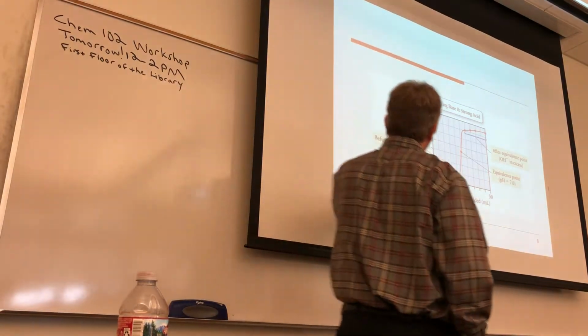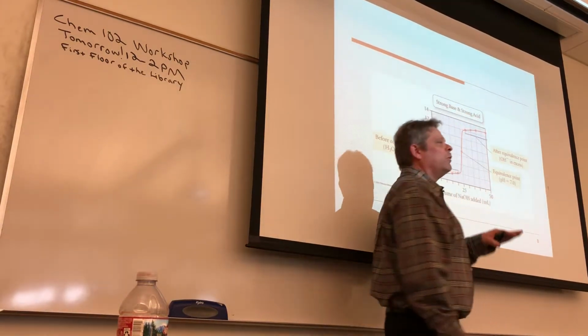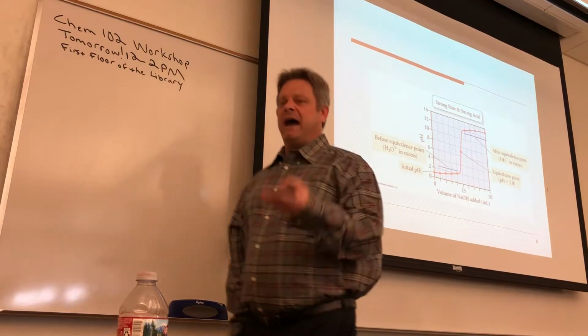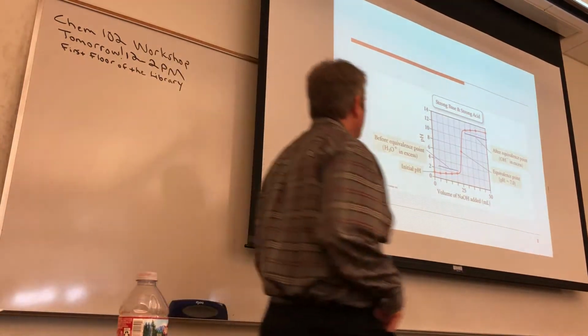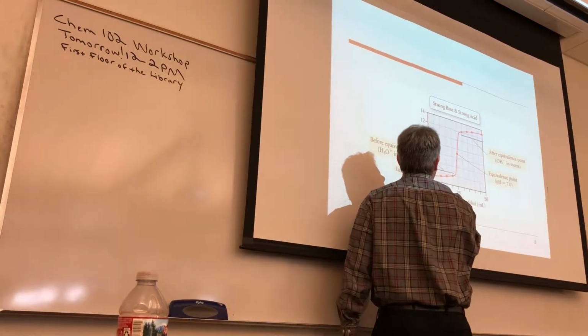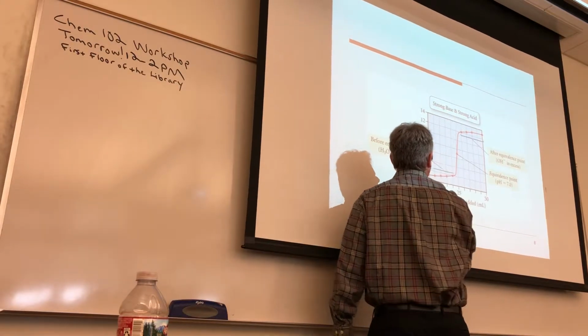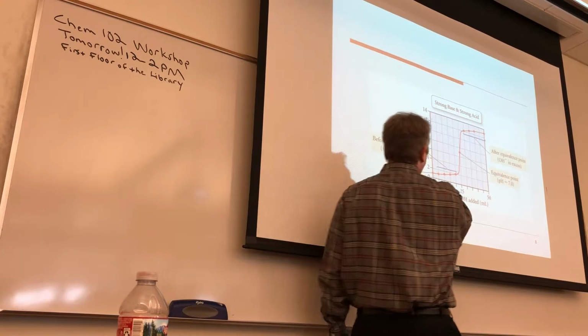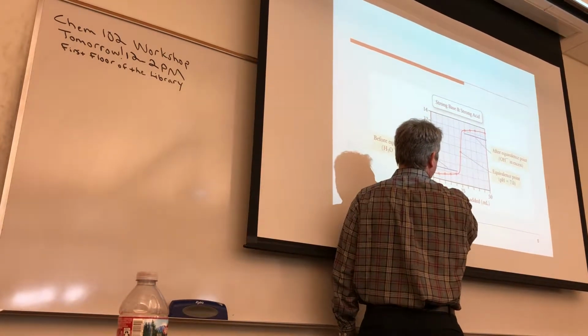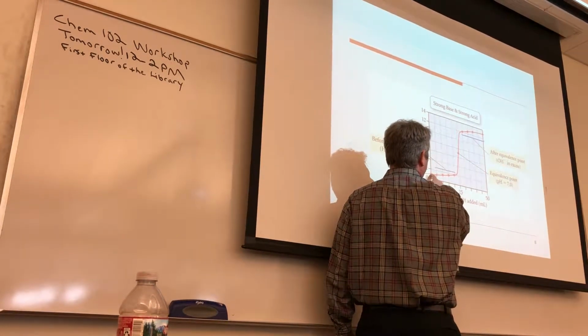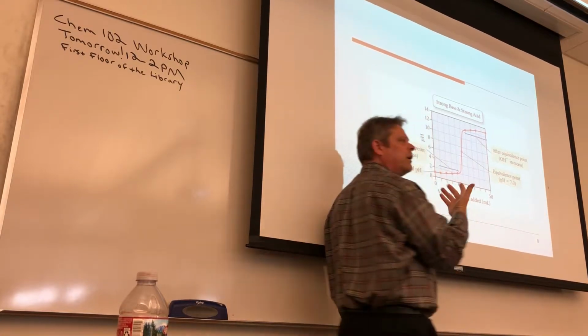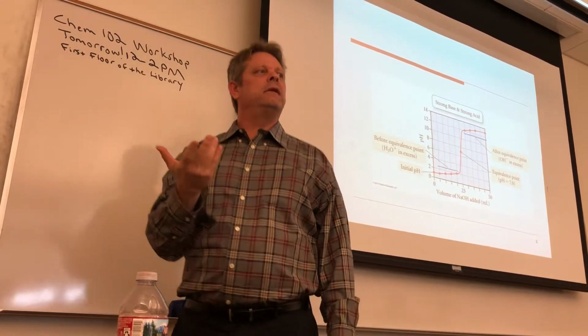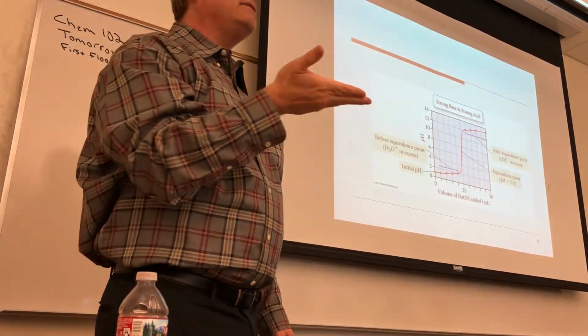And if I start with a strong acid, remember, this is the pH here. Am I starting higher on the pH or lower on the pH if I'm starting with a strong acid? Low, right. So this spot here is before I put in any hydroxide. This here is just the pH of the strong acid, that's it.